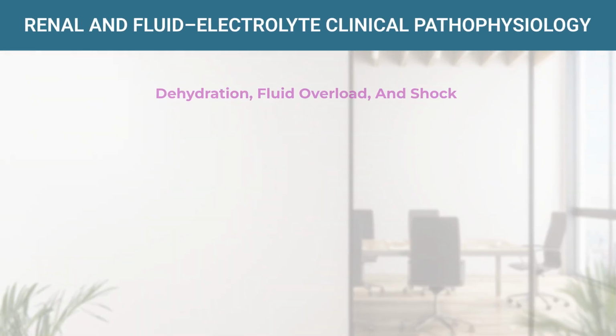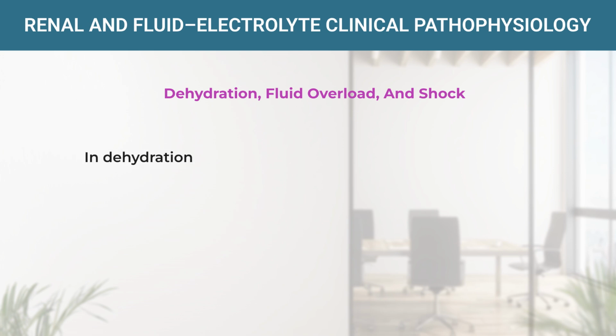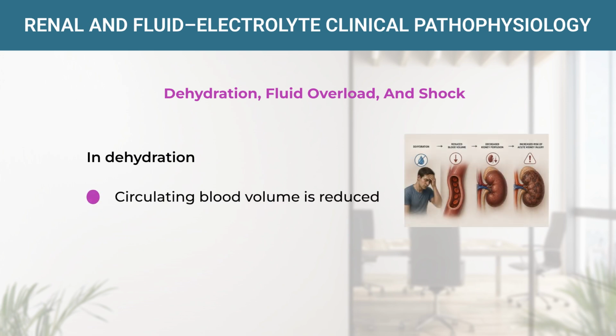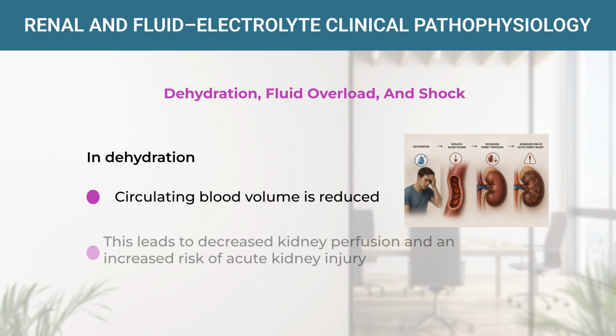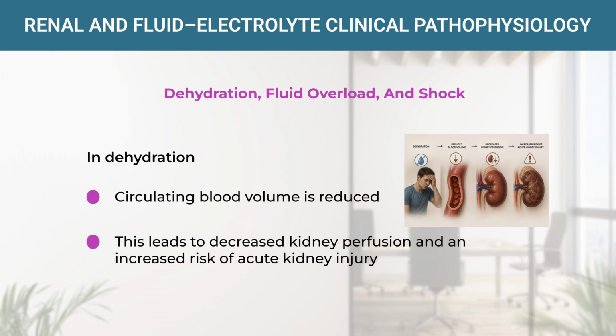Let's look at dehydration, fluid overload, and shock. These conditions may look similar clinically, but the mechanism differs. In dehydration, circulating blood volume is reduced, leading to decreased kidney perfusion and an increased risk of acute kidney injury.